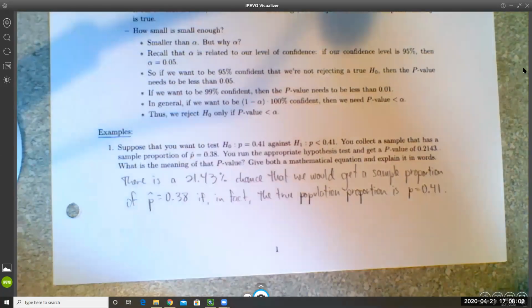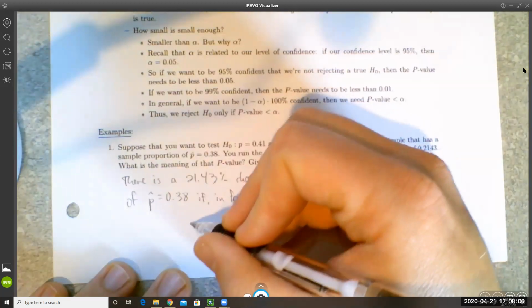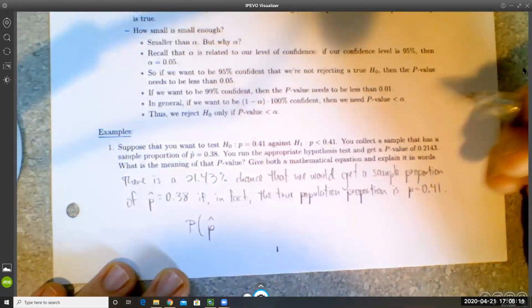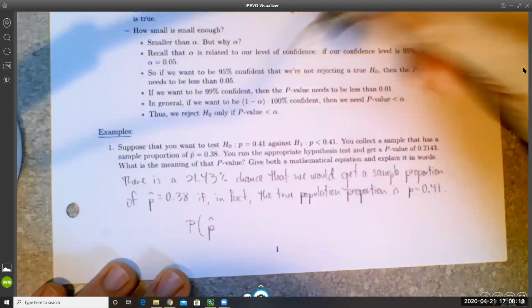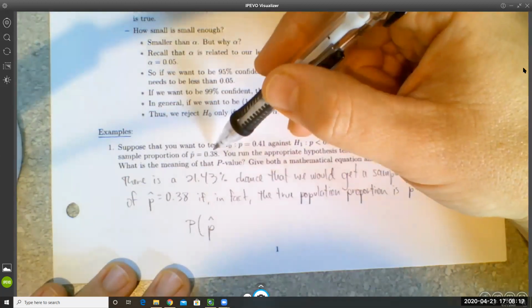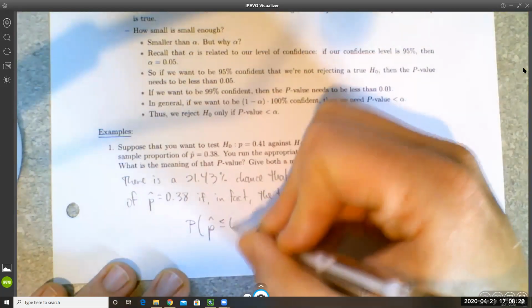Here's the mathematical equation that expresses that same thing. It's much shorter. We would say the probability that p hat is 0.38 or more extreme. So in this case, since we have a left-tailed test, we would say the probability that p hat is 0.38 or less, right? So less than or equal to 0.38.